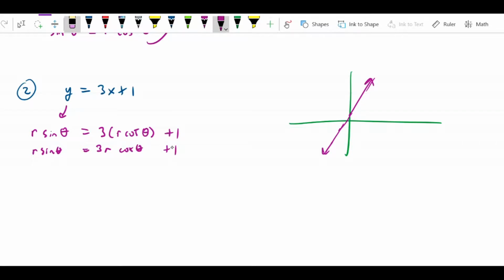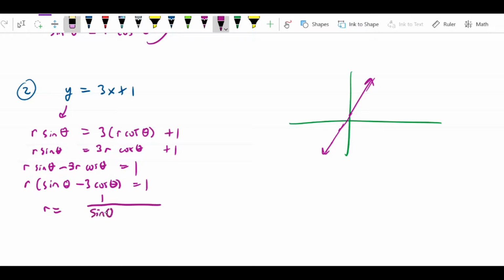Since we're going to want to solve for r in terms of theta, we want to get all the r's on one side, so that's going to be r sine theta minus 3r cosine theta equals 1. We factor out the r, giving r times the quantity sine theta minus 3 cosine theta equals 1, and finally that gives us r equals 1 over sine theta minus 3 cosine theta.